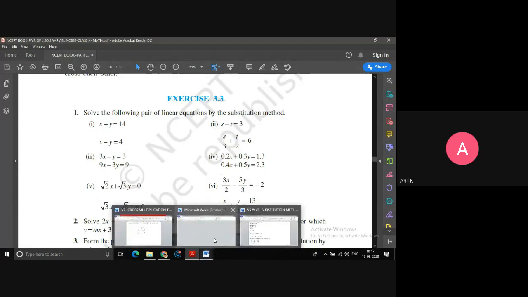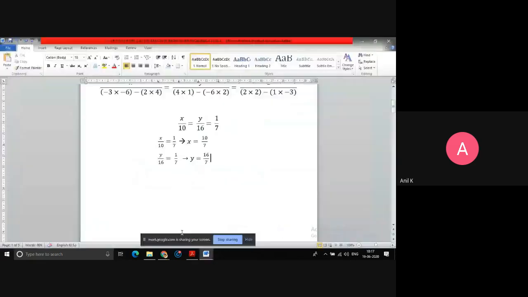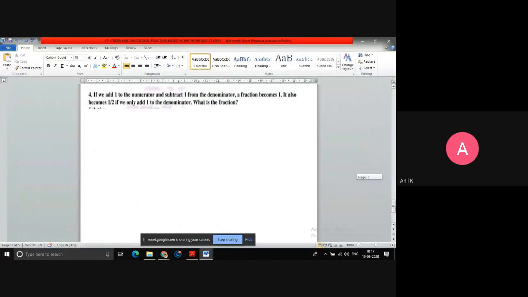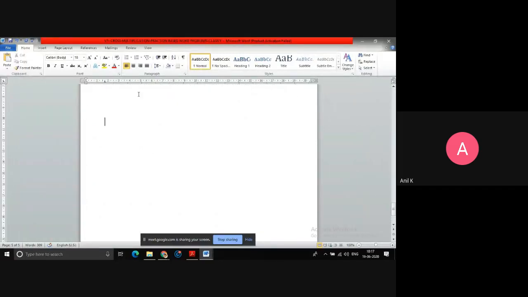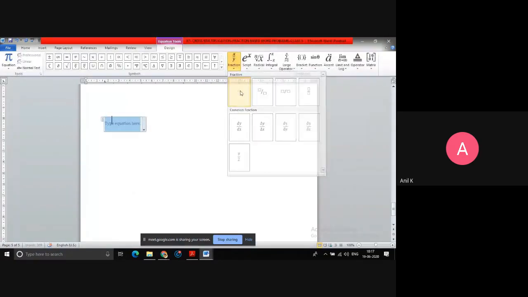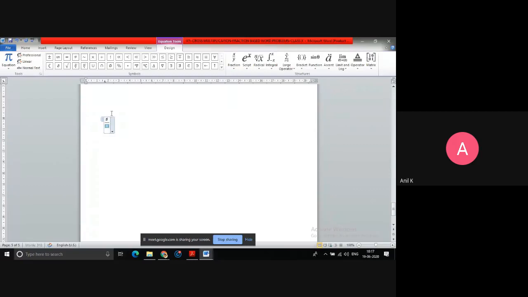Let me solve it here. Let me insert the equation: s upon 3 plus t upon 2 is equal to 6. That's the equation they have given.